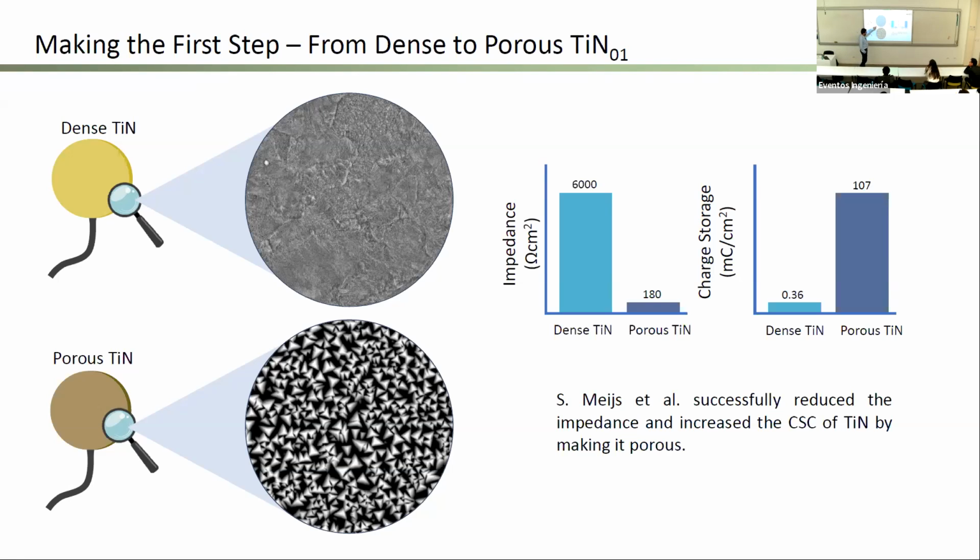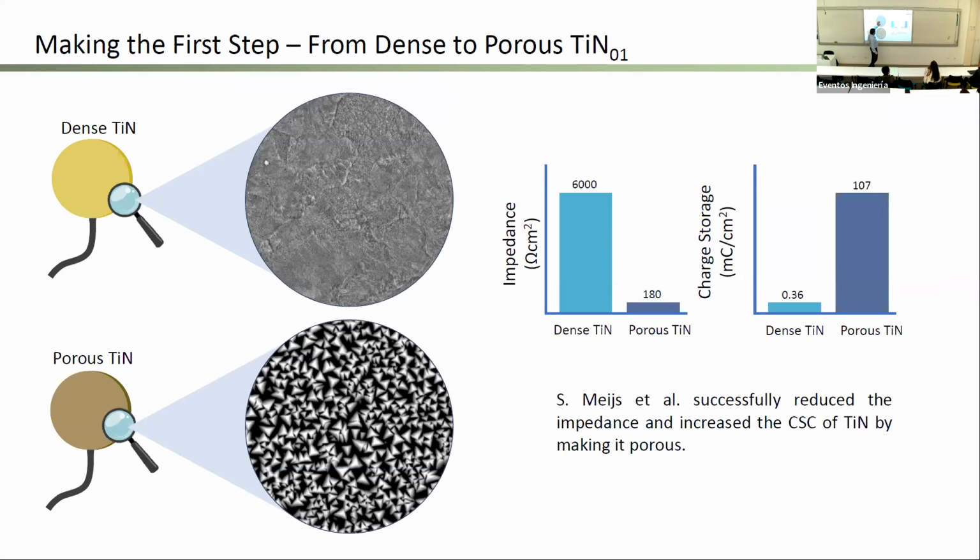And titanium nitride, when it's dense, is not very suitable for the application because it does display quite a high impedance, and at the same time it displays a rather low charge storage capacity, and there are many competing materials which are far better than that.